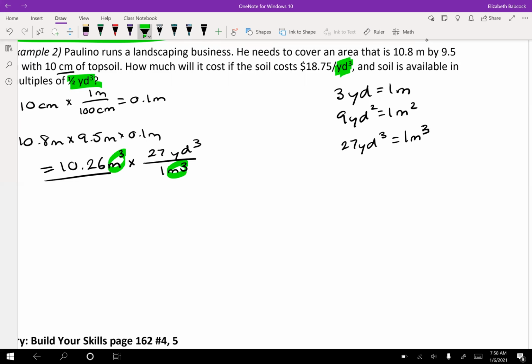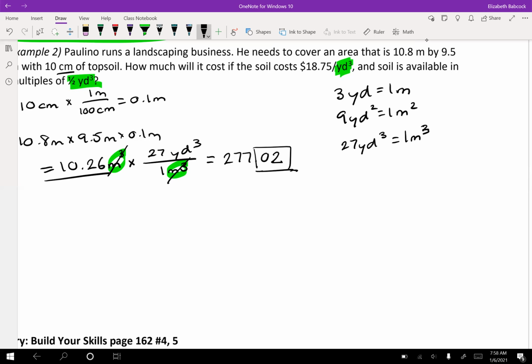Okay, and then you just have your conversion, so the one that you want is on the top. So those actually cancel each other out, and we are left with an answer of 277.02.